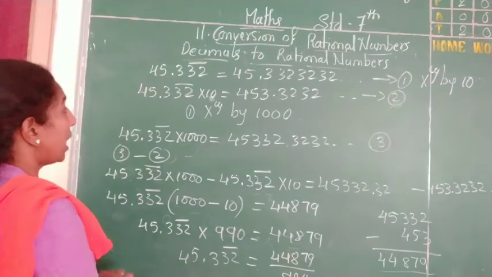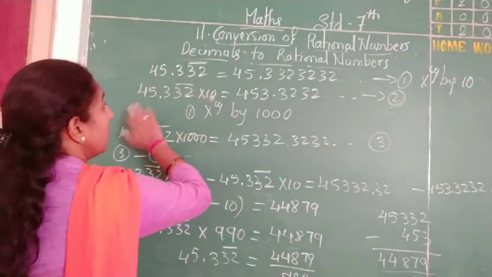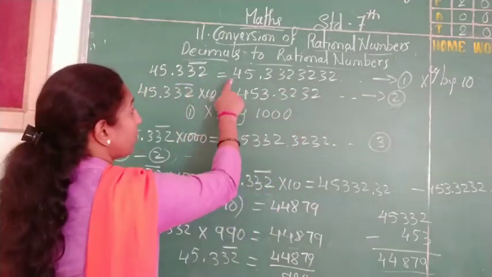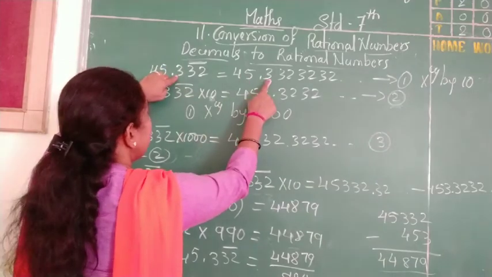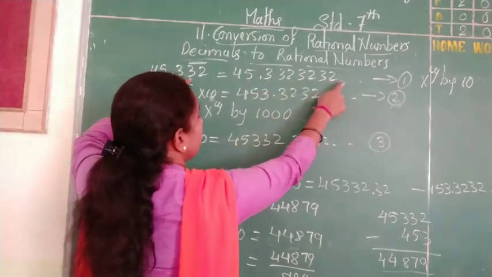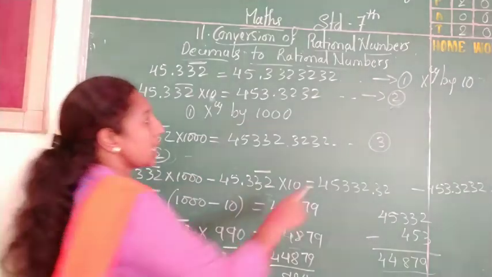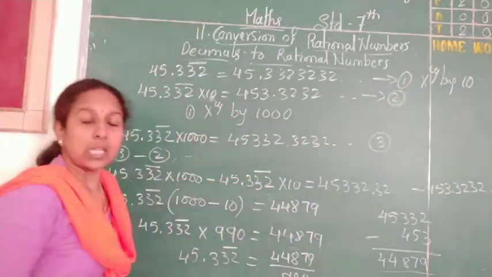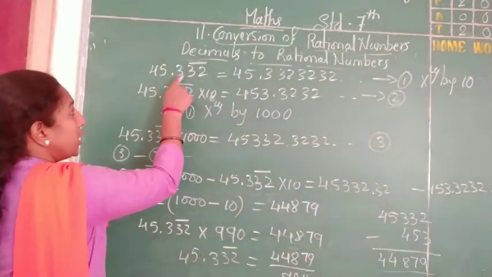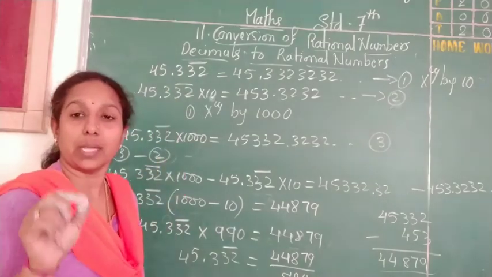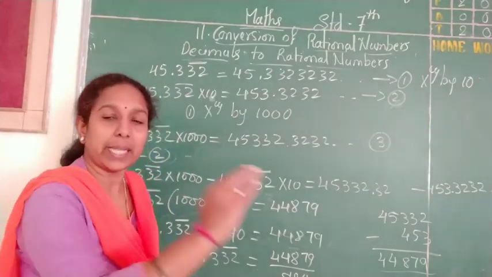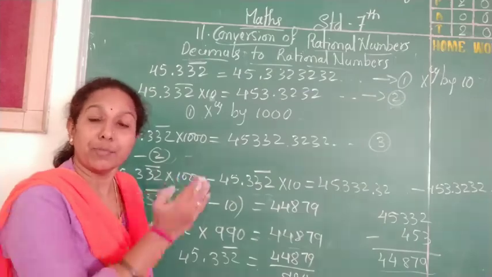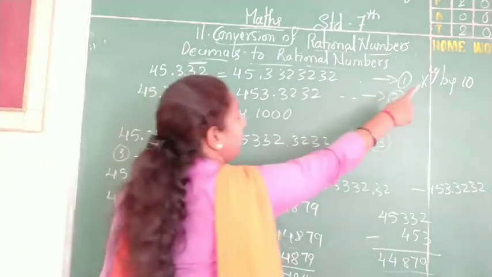First, I will write this number as it is: 45.3323232 and so on. This is equation number 1. Because after the decimal point one number is not repeating, I will move that number to before the decimal, so I will multiply by 10.